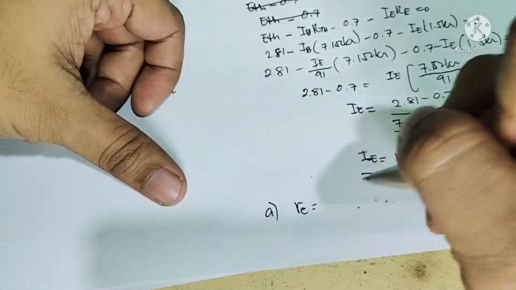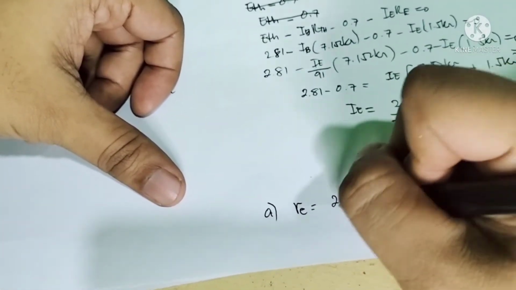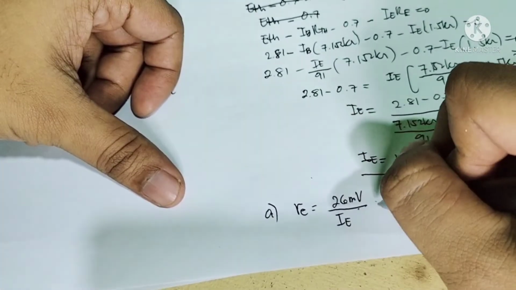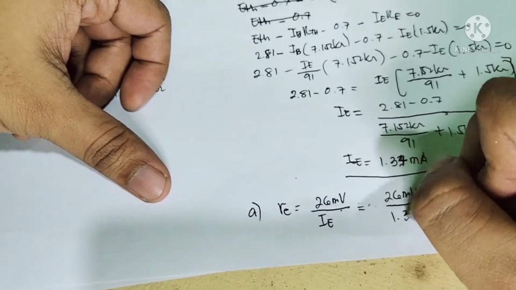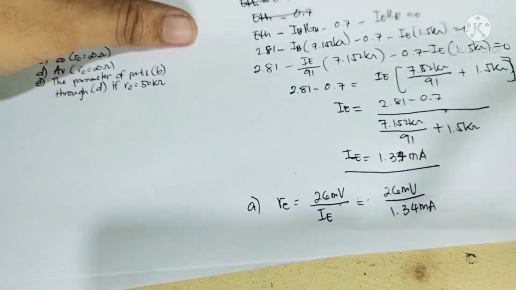So r sub e is equal to 26 millivolts divided by I sub E. So 26 millivolts divided by 1.34 milliamps.